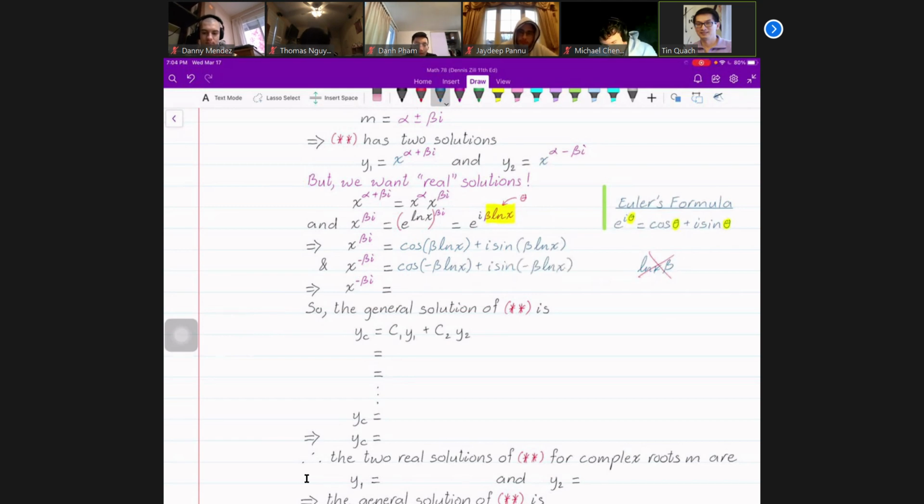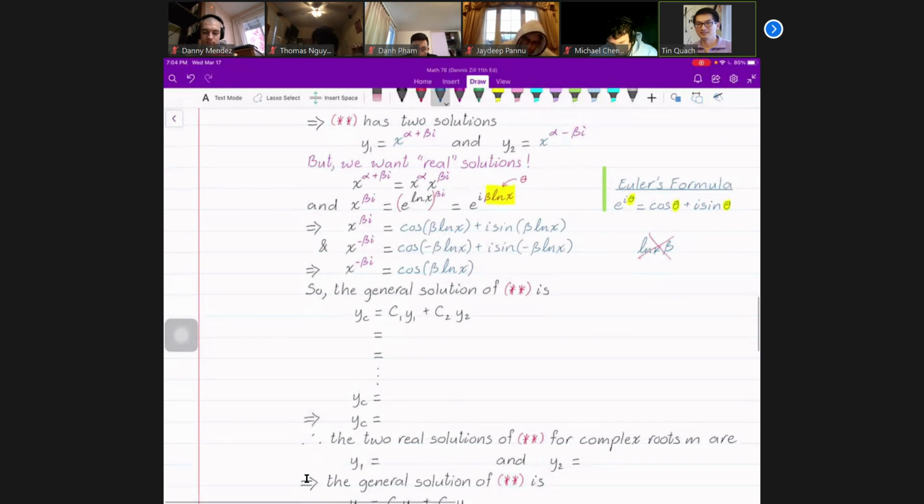But from trigonometry, you know that cosine of a negative angle is equal to cosine of the angle, because cosine is an even function, and sine is an odd function, so sine of a negative angle is negative sine of the angle. So that's what you have for x to the beta i and x to the negative beta i.